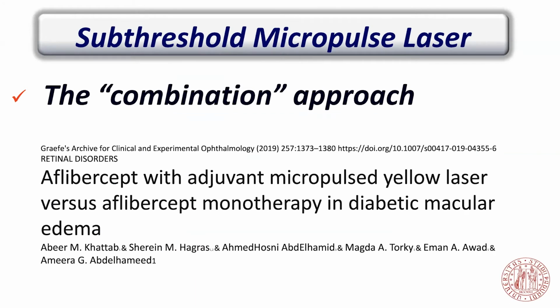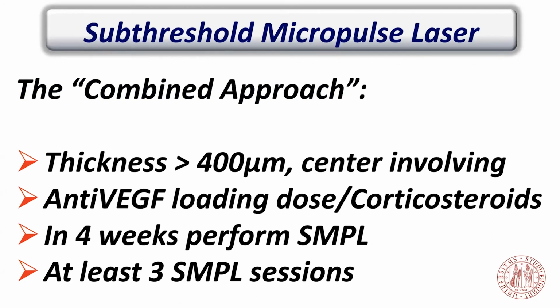Some people spoke, a couple, 2-3 years ago, about a sort of combination, combining the subthreshold micropulse to the injections. And so I provide you in this slide our clinical daily protocol.